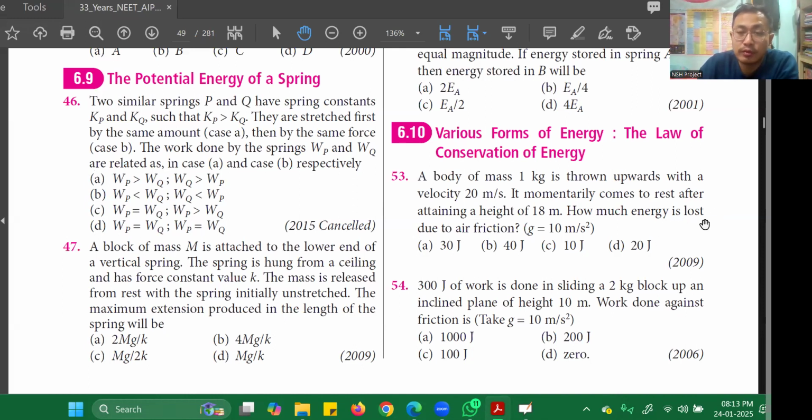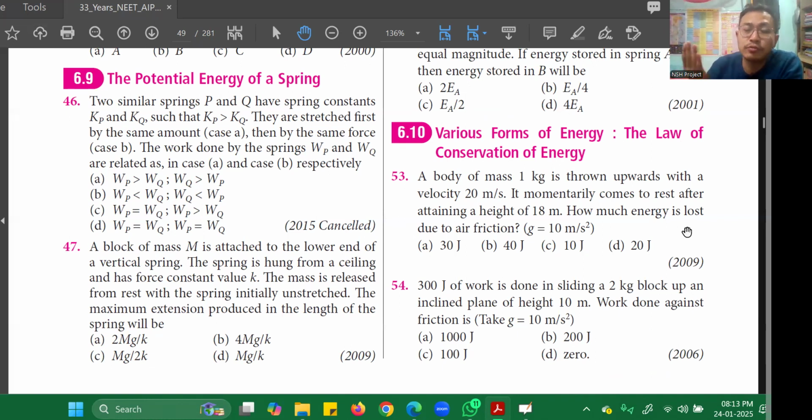So question number 53 is: a body of mass 1 kg is thrown upwards with a velocity 20 meter per second. It momentarily comes to rest after attaining a height of 18 meter. How much energy is lost due to air friction? Now, a body of mass 1 kg is thrown upwards with a velocity 20 meter per second.